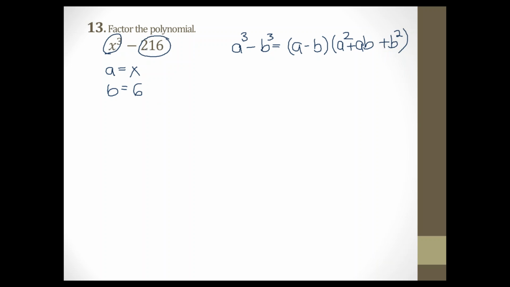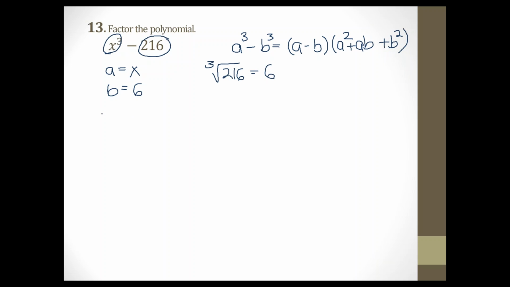And if you don't know that, for this part you actually could use the calculator by plugging into your calculator the cube root of 216, and that should give you 6.